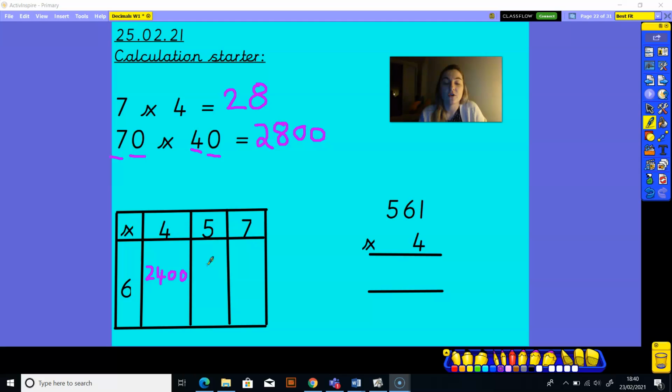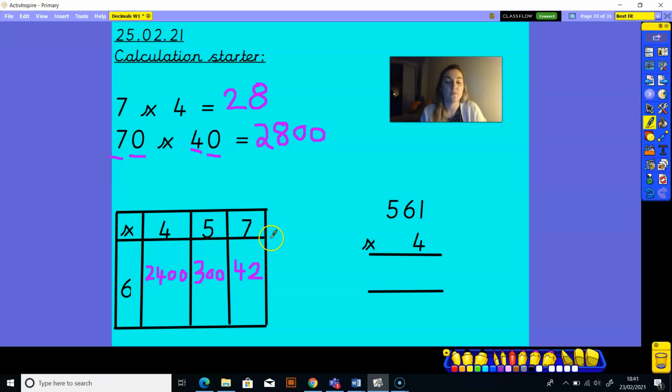And then we have got 6 times 5, which is equal to 30, but we're doing 6 times 50 here, so we need to remember to add on a 0. So 6 times 50 is equal to 300. And then we've got 6 times 7, which again, you can use your 6 times table or your 7 times table to help you here, and that is 42.